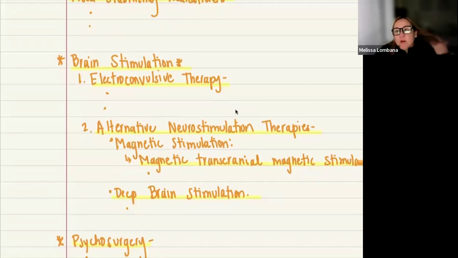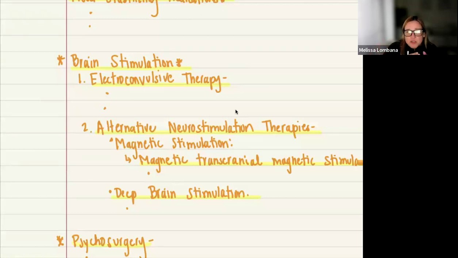So what happens if those medications don't work? The first one is electroconvulsive therapy, and this is for severely depressed patients. What they do is they basically give them a brief electric current to certain parts of the brain. Okay, and this is for about 30 to 60 seconds, and that's basically it.